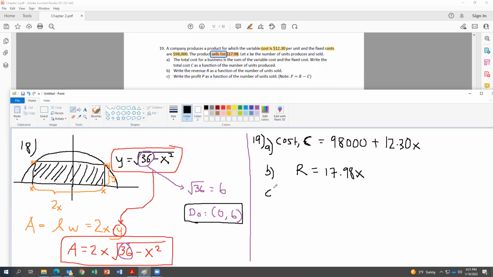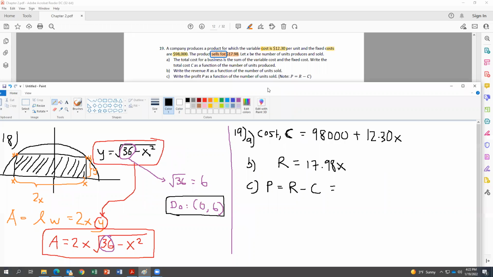Part C is asking for the profit. In order to find the profit, you take the revenue minus the cost. I think we did this before in 2.1, the homework that we just did. So you take the revenue, which is 17.98x, minus the cost, and you need parentheses here because there are two terms: 98,000 plus 12.3x.